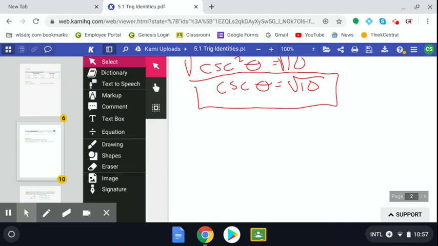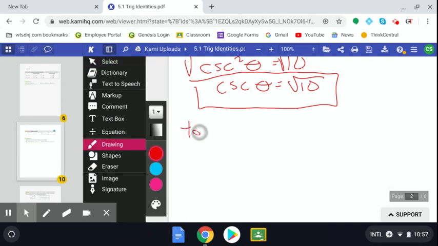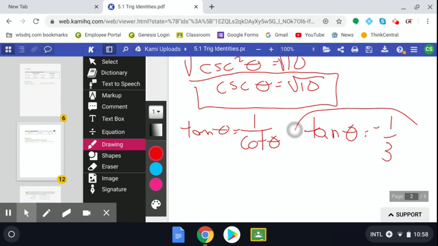So tangent theta is equal to 1 over cotangent theta. So that means if cotangent theta is -3, which I was told, then tangent theta should be -1/3. And now I answered both questions.